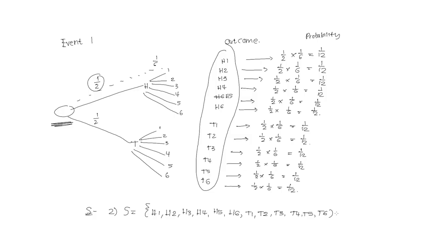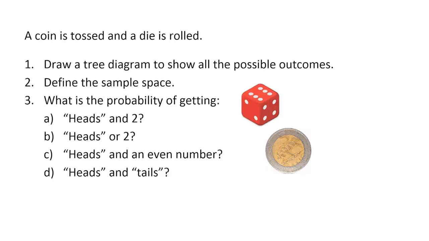So that is the tree diagram completed, and along that we've indicated what our sample space for the experiment is. The next part of the question asks us to find out the probability of getting a heads and a 2.